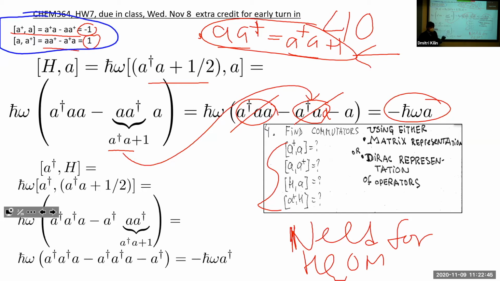If one plugs in the definition of A and A daggers for position and momentum, and uses the commutation of position and momentum, which is proportional to h bar, then one will derive this stuff. And the commutation of position and momentum is non-zero because of the differential operators. We covered it at the quite beginning of the course.